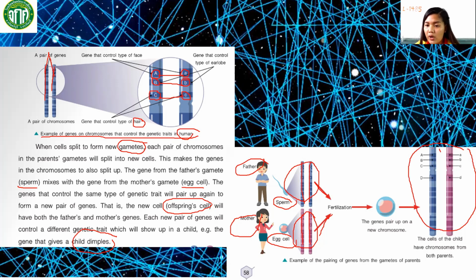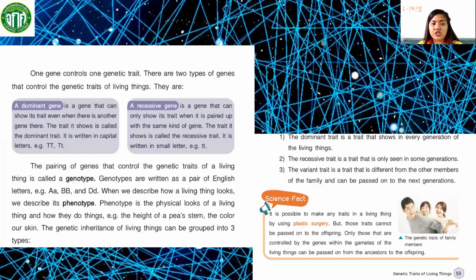This color blue represents the chromosome from the father, and this one represents the chromosome from the mother. So we have here A, B, C, and D. This will decide which trait you are going to get, whether from your father or from your mother. So one gene controls one genetic trait.